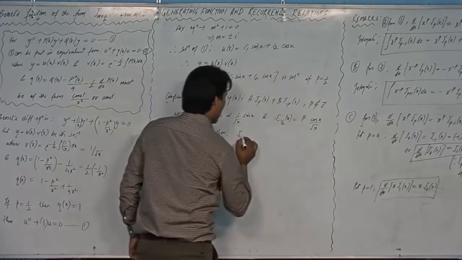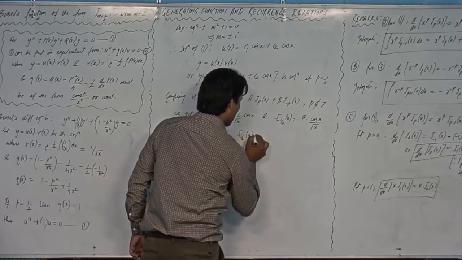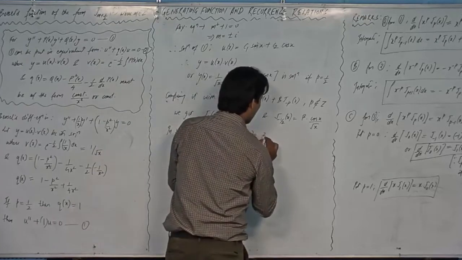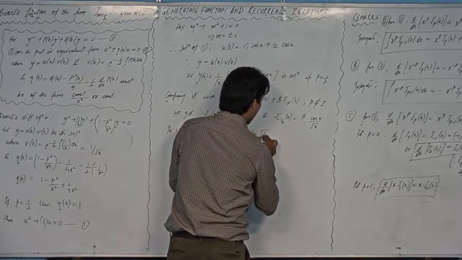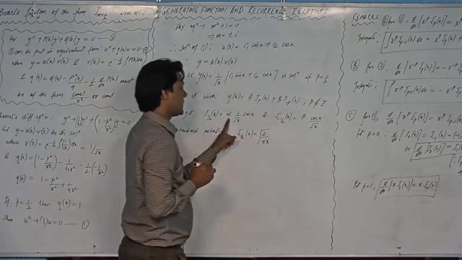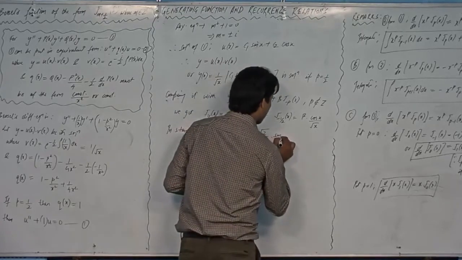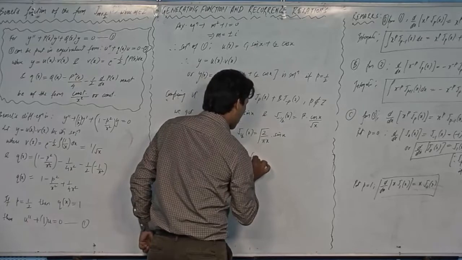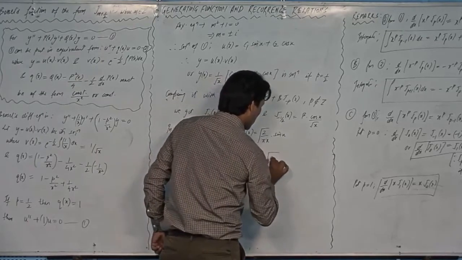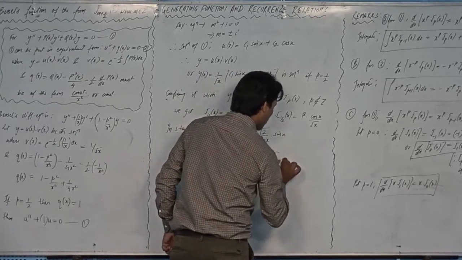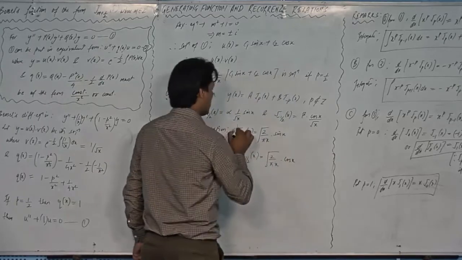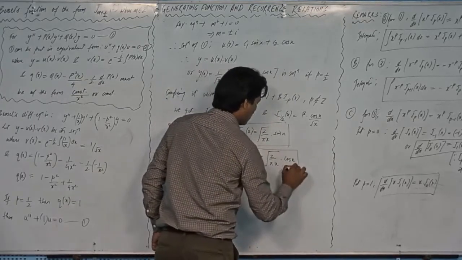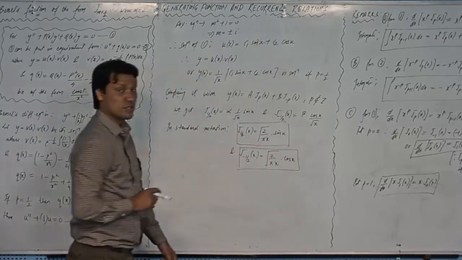So J_half(x) equals, alpha is chosen like root 2 by pi, so root 2 by pi x, times sin x, and J_minus half(x) is equal to root 2 by pi x times cos x. So these are the standard Bessel functions for p equal to half and minus half, right?